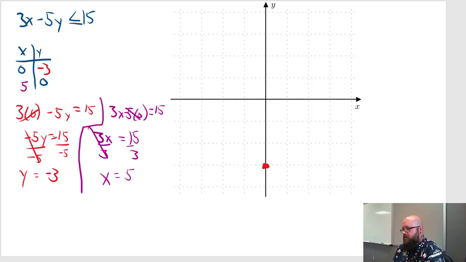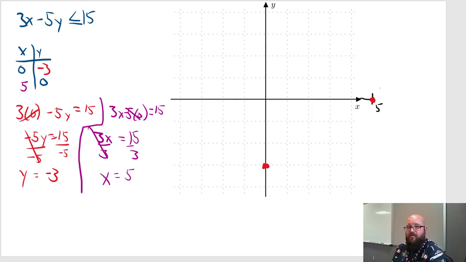We'll say that's 5 right there. So we will put our dot at 5 and 0. Put a dot right there. Now, we've got 2 dots on our graph, and we can go ahead and draw our line to connect them.